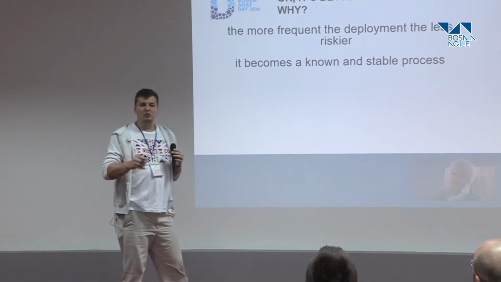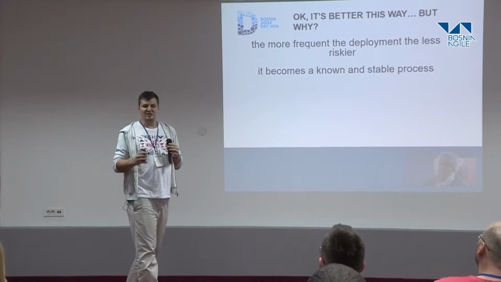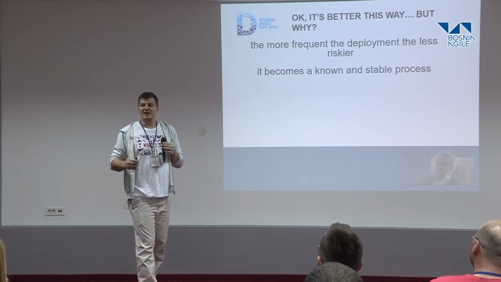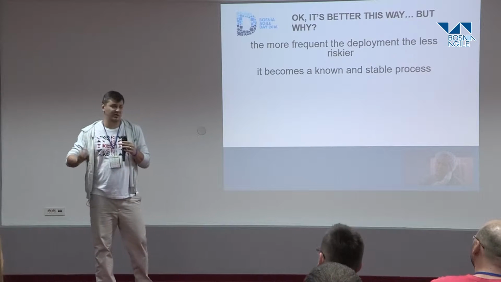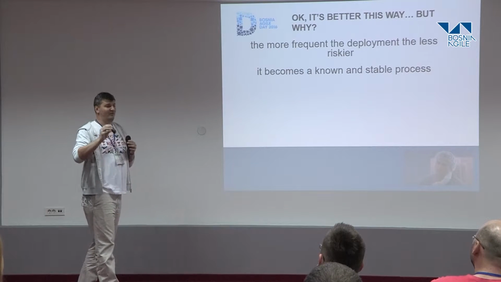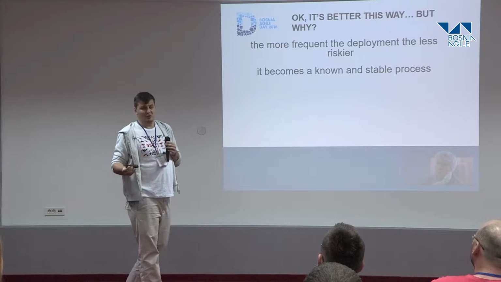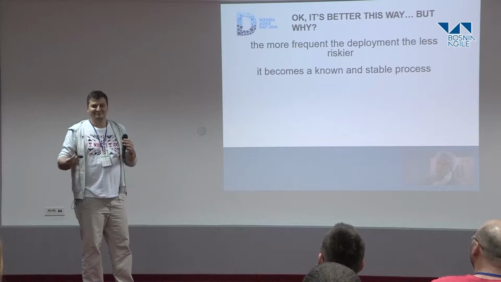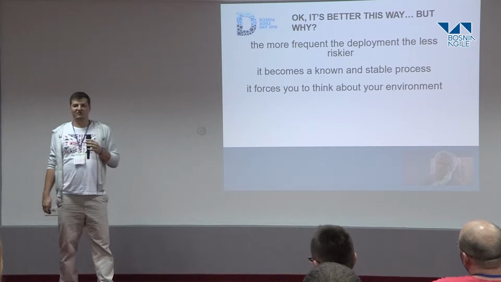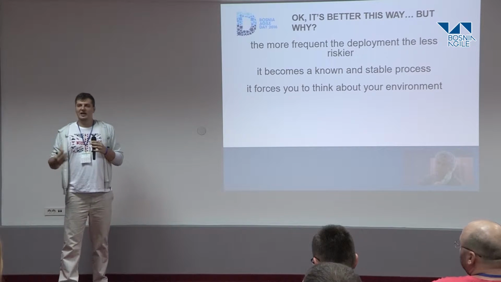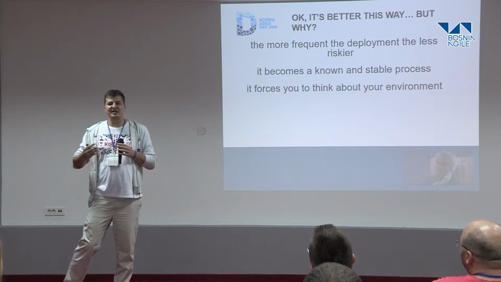There's a lot of things we don't know about our deployments. Even if you're a lead, if you have deployment engineers or deployment specialists, you might not know that on the specific version of Amazon Linux you're using, you need to do 4 things before you deploy. Your deployment engineer will know that, but you won't because you're using Windows, and there's no need for that. And it forces you to think about your environment. When you create a deployment pipeline, you need to take into consideration every aspect along the way.